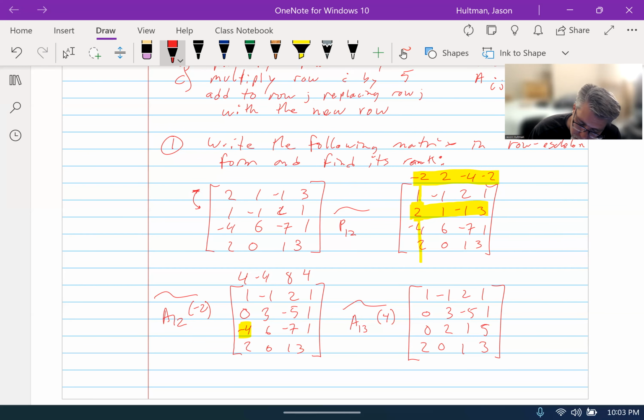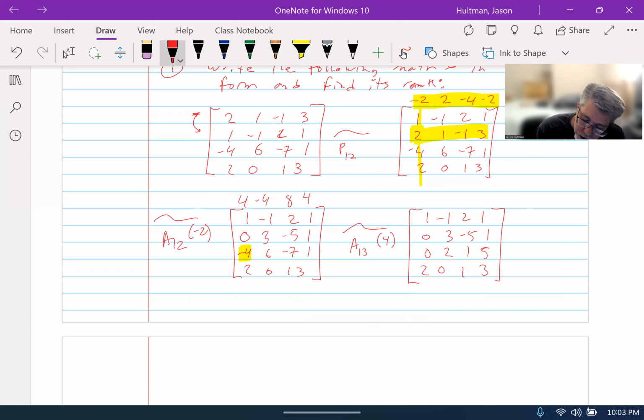Okay, next we want to get our last zero in the first column. We want that column to be just ones and zeros. So what are we going to multiply the top row by to cancel out this value of 2 in the fourth row, first column position?